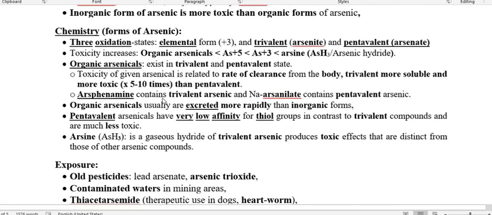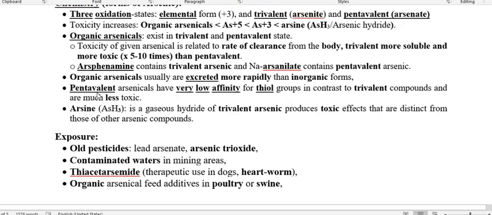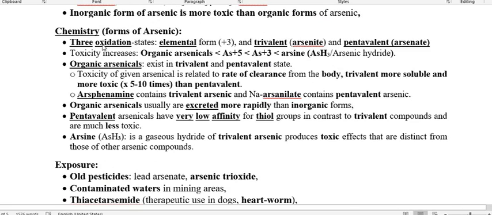Now we have to go through the exposure. Before comparing the exposure, if you compare pentavalent and trivalent arsenic, one more important point is that pentavalent has very low capability to bind with the thiol group, that is the SH group.